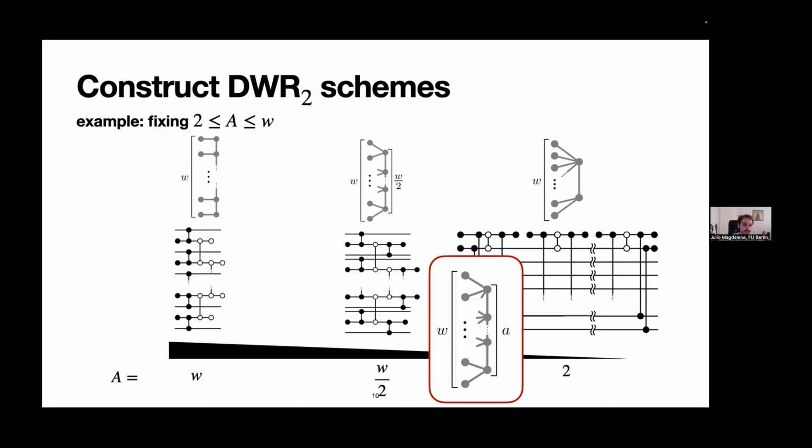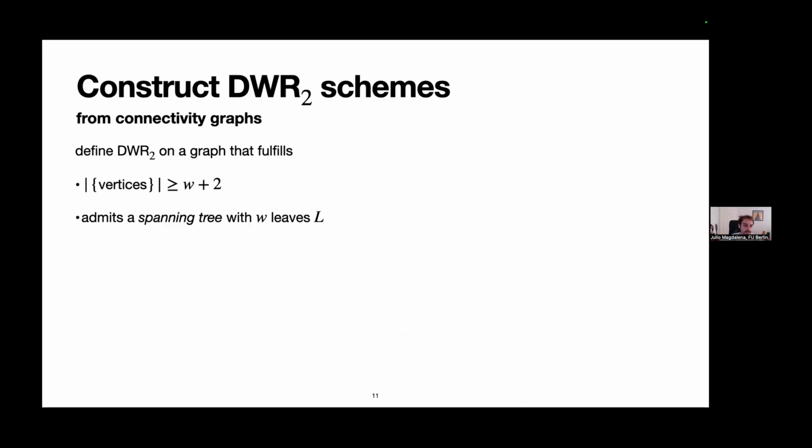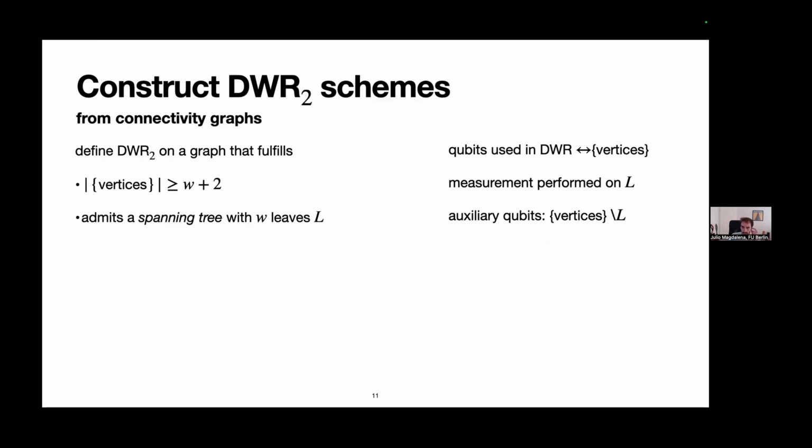The way that this manifests in the connectivity graph is that you have the spanning tree, and the physical qubits only live on the leaves, on the very outside of the tree. Now, the way that I identify this graph with a set of qubits is a fairly obvious one: you identify the vertices with the qubits used in this dynamic weight reduction.